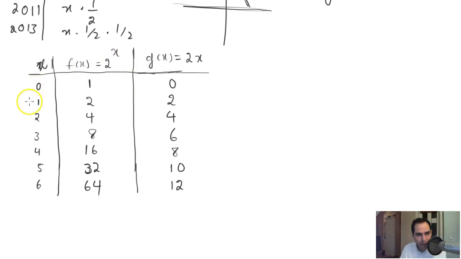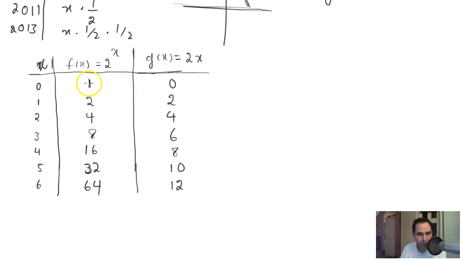So you can see that basically we have the same increments in the inputs. Every time I'm incrementing the inputs by 1, 0 to 1, 1 to 2, 2 to 3, to 4, 5, 6, and so on and so forth, each time the output of the function is being multiplied by 2 here.